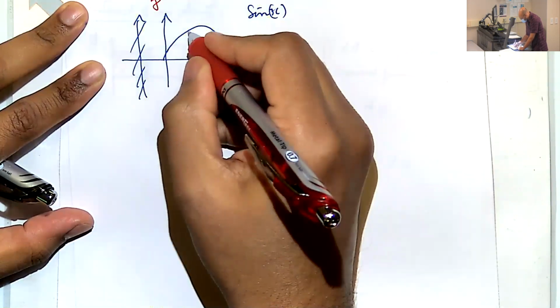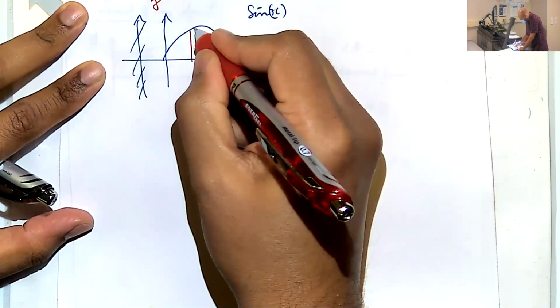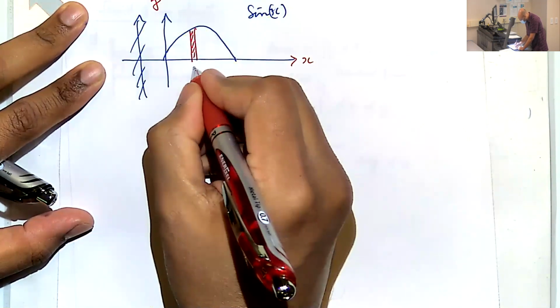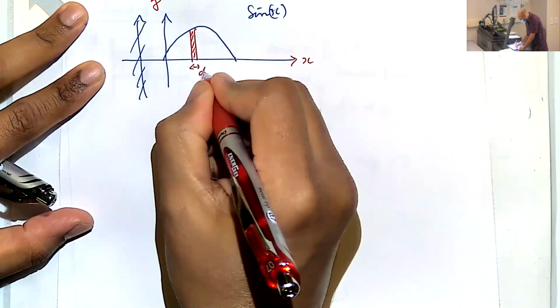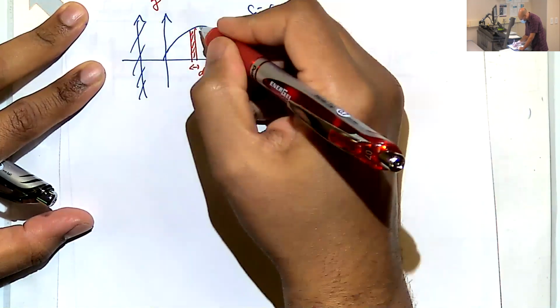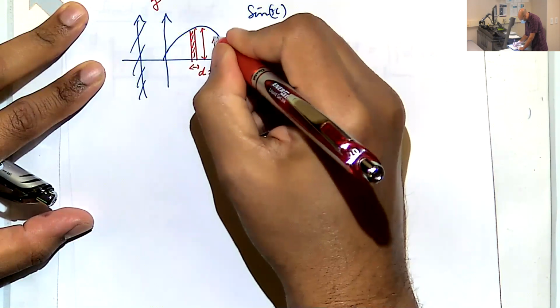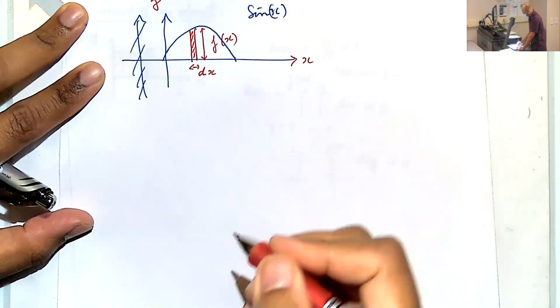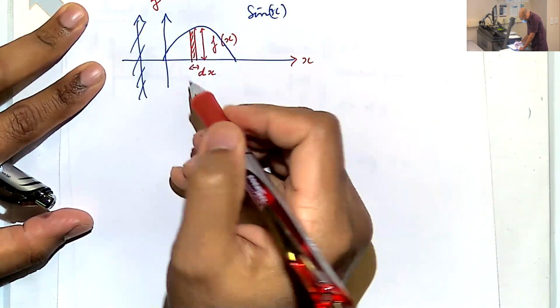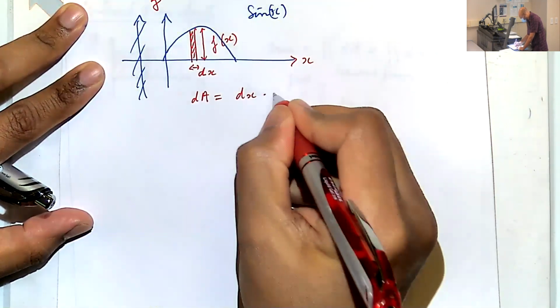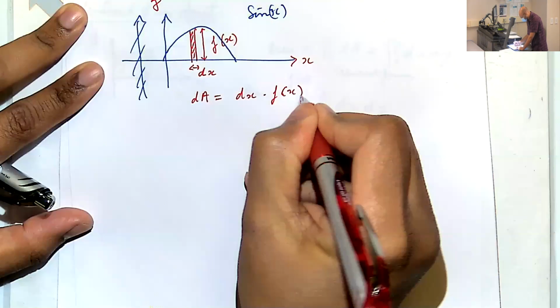You take a small cut. This is dx or delta x, and this height is f of x, okay? And the area of this strip is dA. dA is dx times f of x.